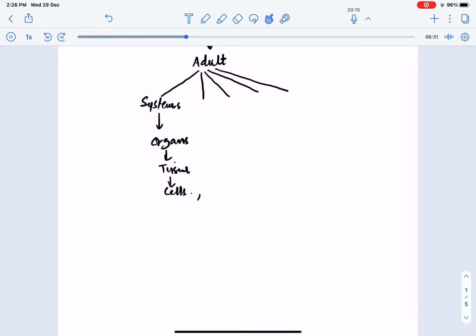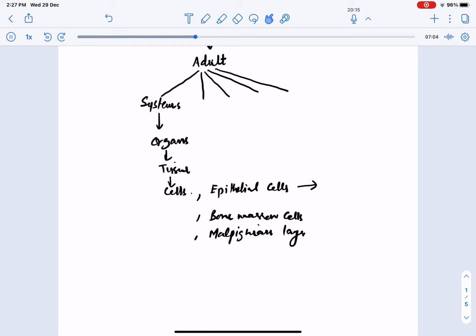So cells like epithelial cells, cells like bone marrow cells, cells like some cells in the skin that make the Malpighian layer have the ability to continue to divide and make more epithelial cells.